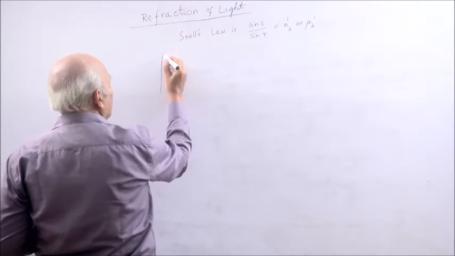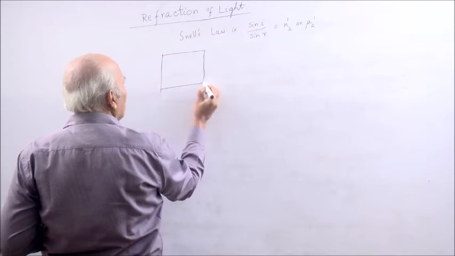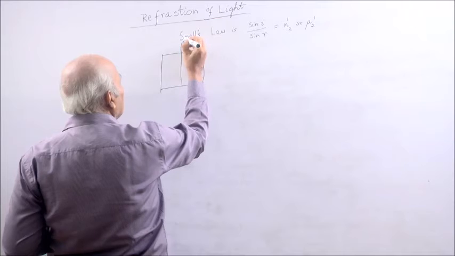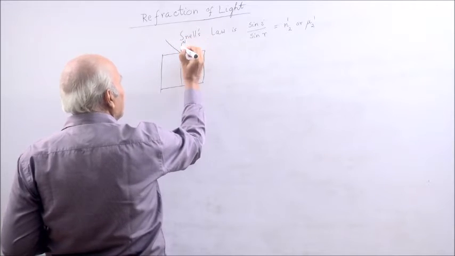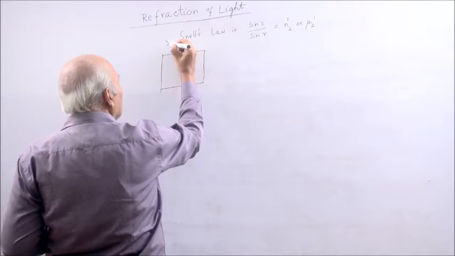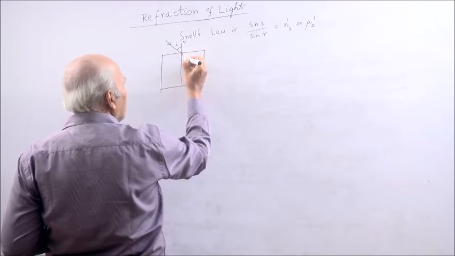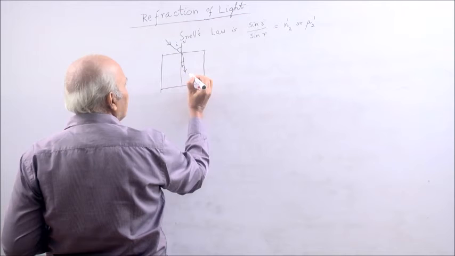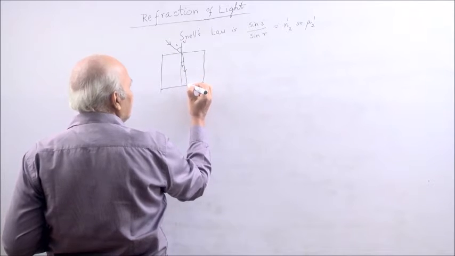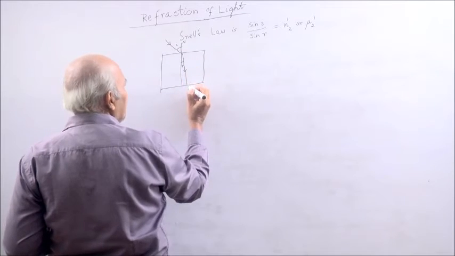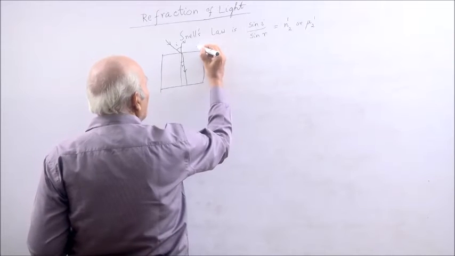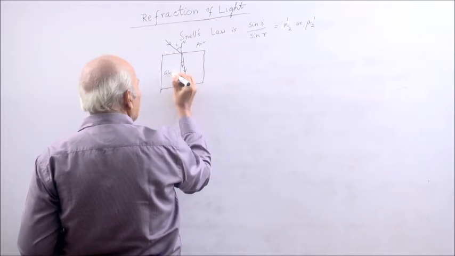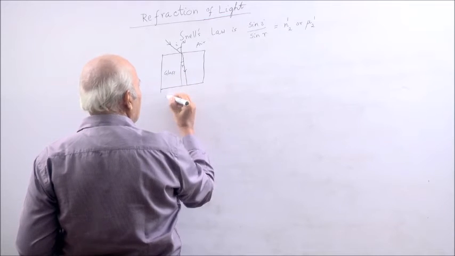So, it is like this. Suppose you have a glass slab, this is a normal, a ray is incident. So, it bends towards the normal. So, it is the incident ray, the refracted ray, and suppose this side is air, it is glass, and again there is air.